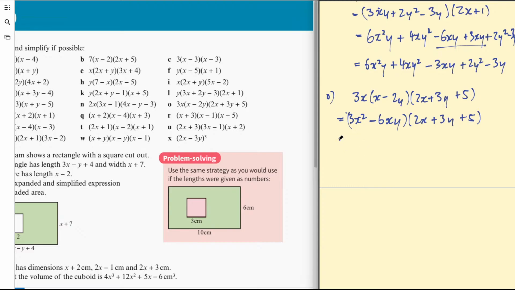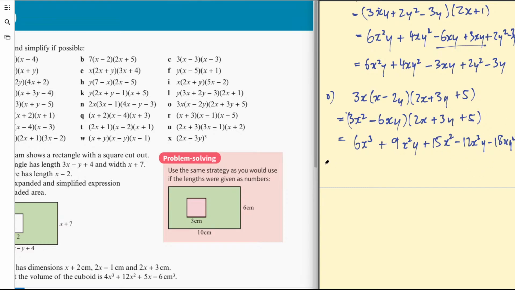Okay, then multiply by everything. So 3x squared multiplied by 2x is 6x cubed. 3x squared multiplied by 3y is 9x squared y. And then we have a 15x squared. And then, I'm going to run out of room here. Negative 12x squared y. Take 18xy squared.